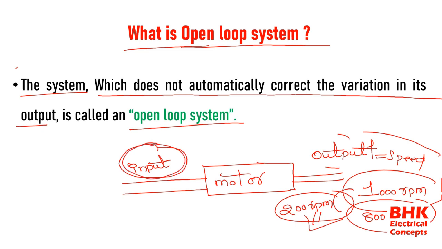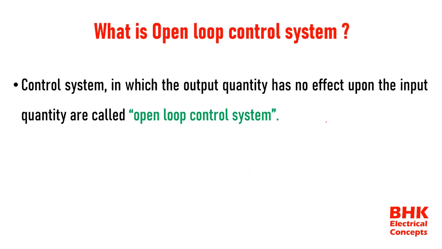This type of system we call an open loop system. That is the reason the definition of an open loop system is: the system which does not automatically correct the variation in its output. Now coming to the definition of open loop control system.